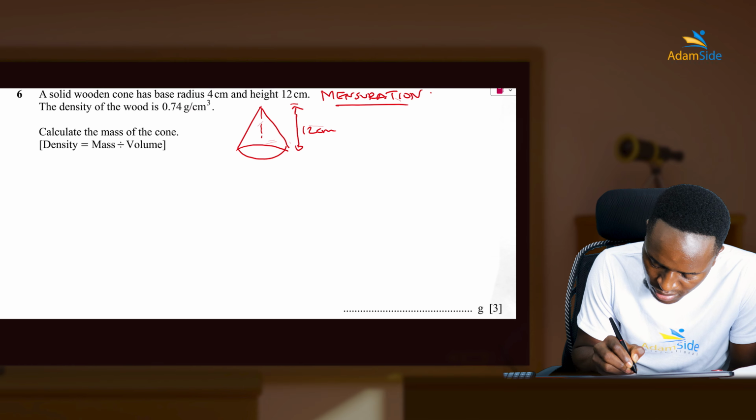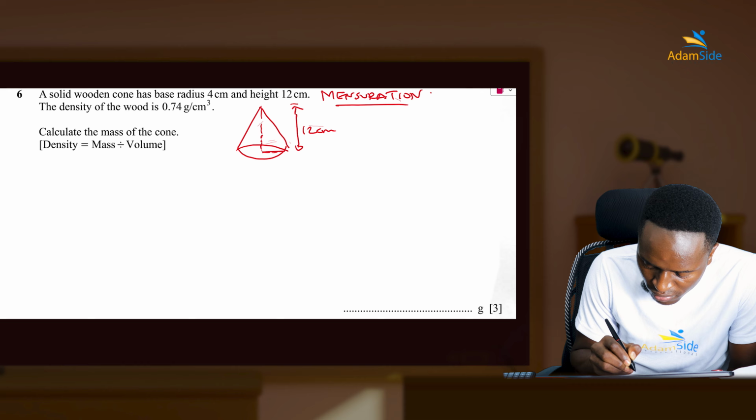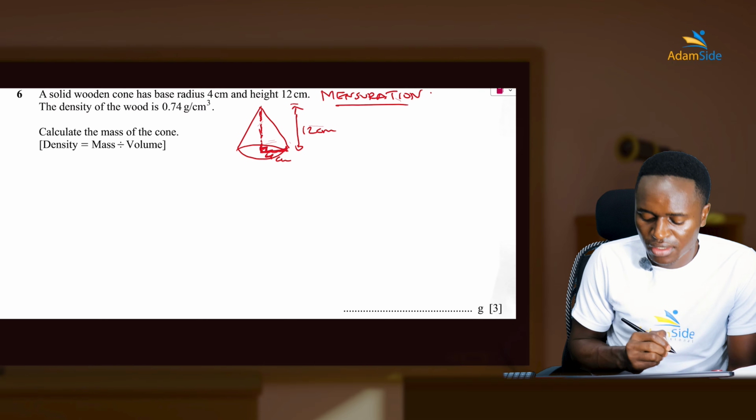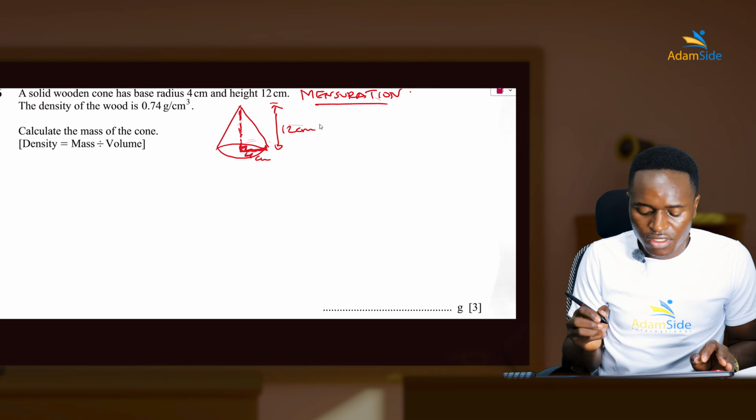We've been given the perpendicular height, and it has a radius of 4 centimeter. So 4 centimeter and height 12 centimeter. Now we say calculate the mass of the cone.